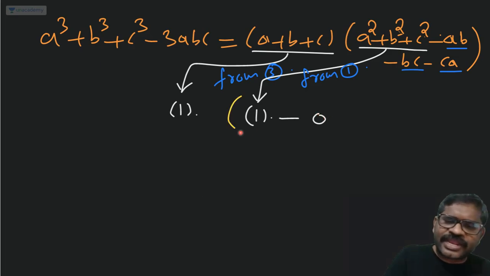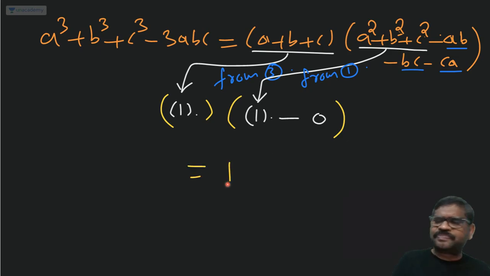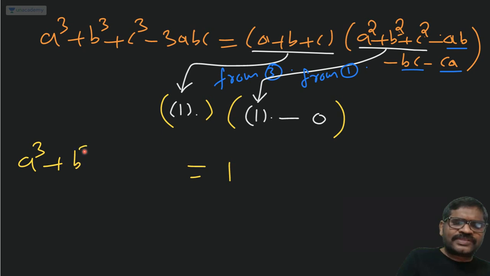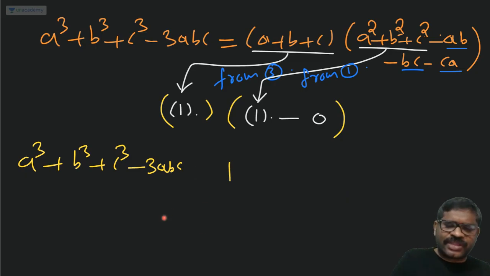That's why the bracket is 1 into 1 minus 0, which is 1. Now a cube plus b cube plus c cube minus 3abc equal to 1, we got.